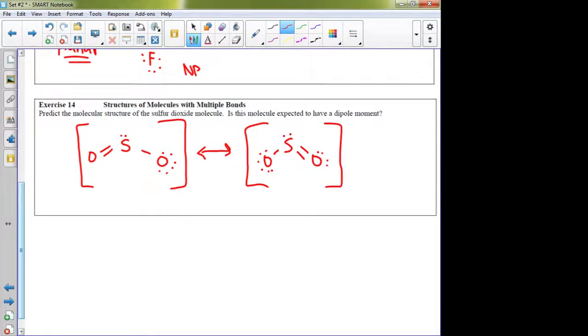Because I need to show both ways to draw it. Is this going to have a dipole moment? What's your first clue that this is going to have a dipole moment? That lone pair. That lone pair is your first clue that there's going to be a dipole moment. Yes?